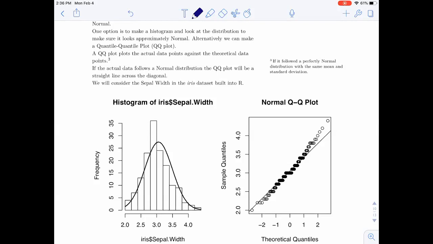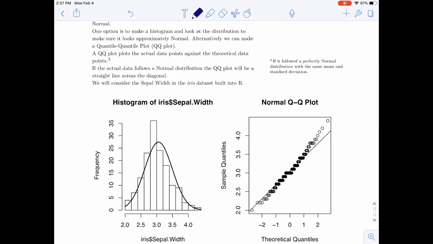And then the QQ plot plots the theoretical quantiles, the theoretical points, against the actual or the sample quantiles. If they're the same, well, in this case, this makes sense, right, if they're the same as you go along here, they would be on this straight line. So in the lab later on, you'll make a QQ plot.